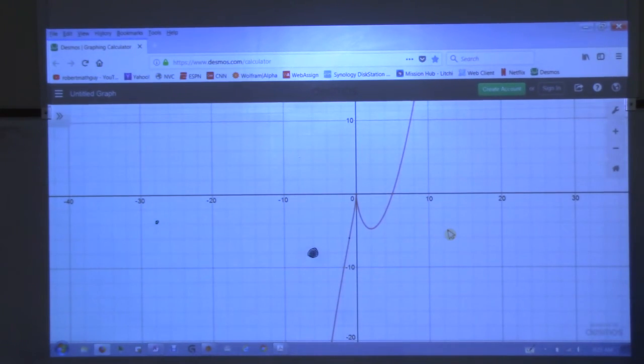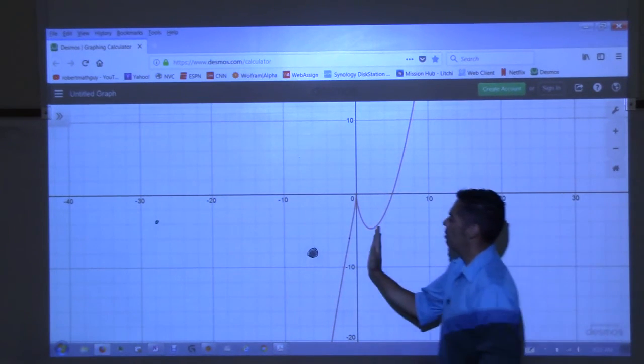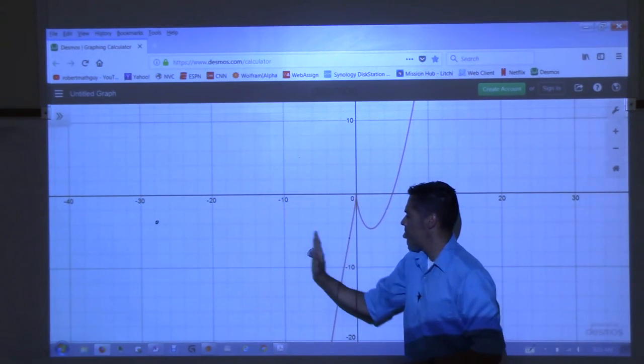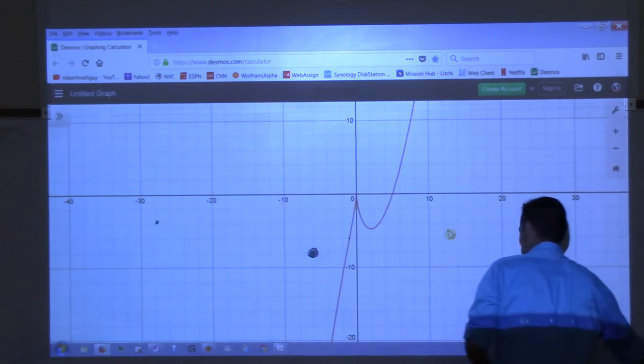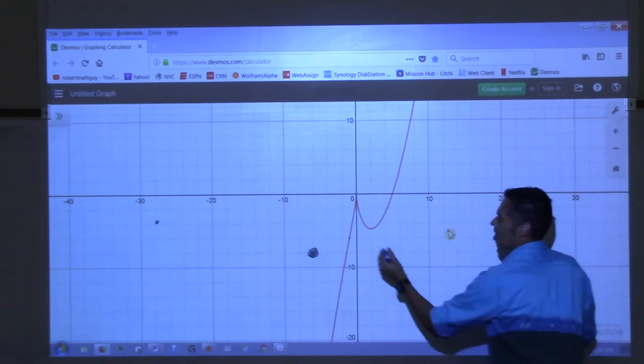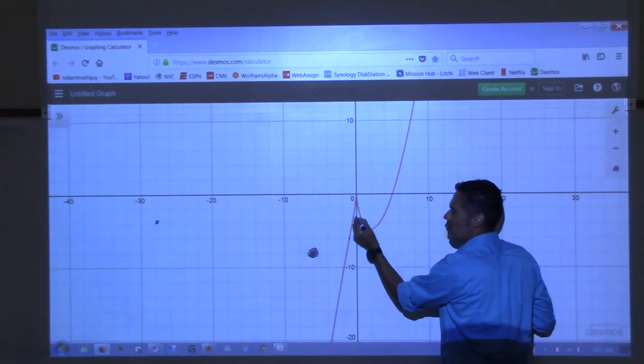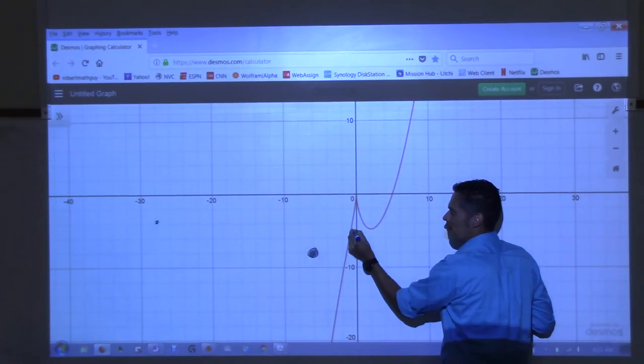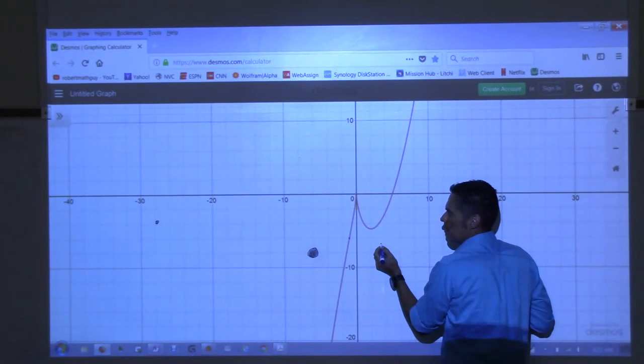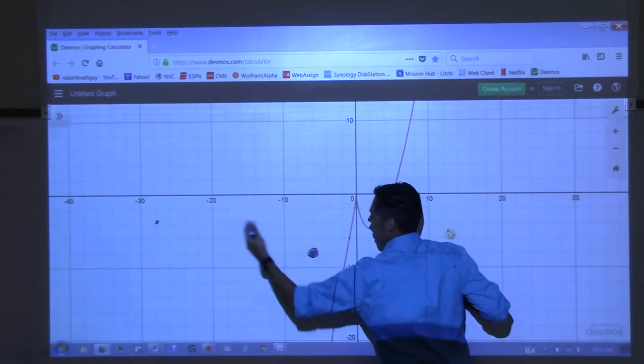Or concave down? Negative infinity to -1 is concave down. Okay, -1 to 0 is concave up. So this little part right here looks like a smile.